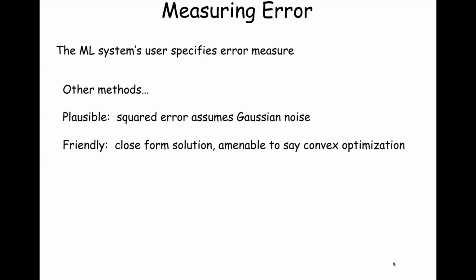And so there are other methods you can use for setting your error measure. One can make simplifying assumptions for things that are plausible about your problem. When we talked about the squared error loss, that makes an assumption about how noise looks in your data, that it has a Gaussian distribution, right? You can also choose your error measure in a way that is very mathematically convenient for you, right?